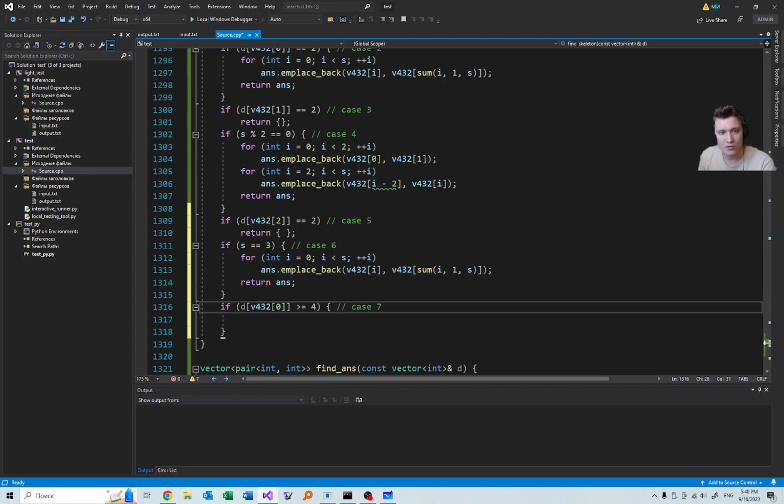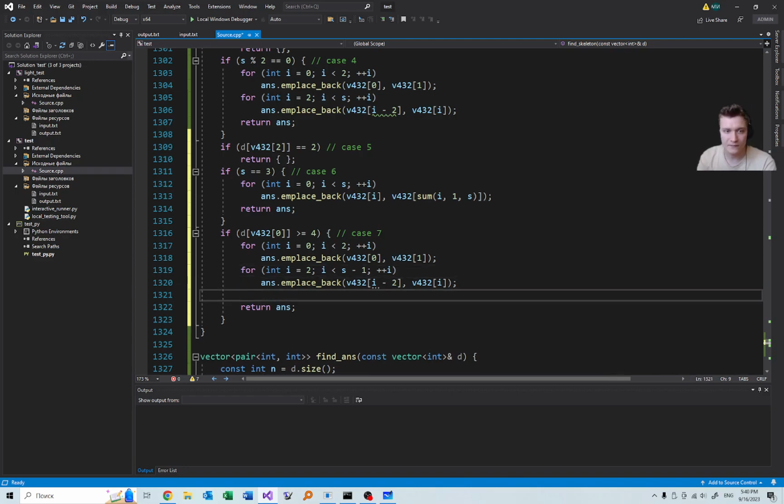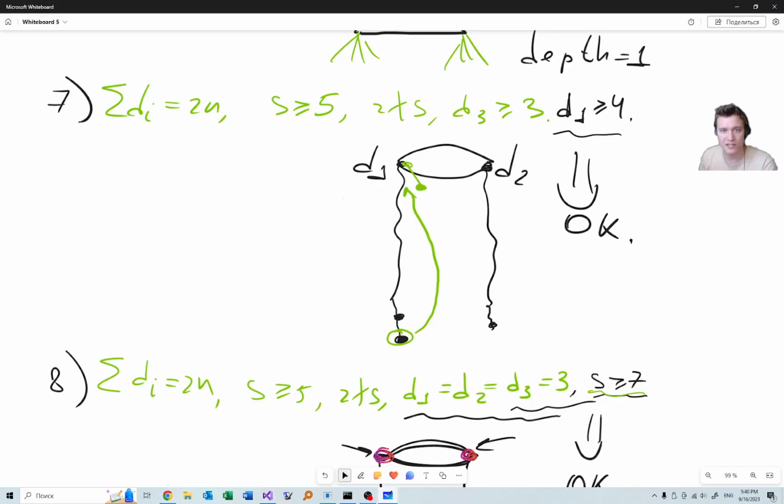So this is the copy paste of this solution. But here we go till s minus 1. And v[s-1] gets attached to the 0th vertex. So this will be our skeleton.